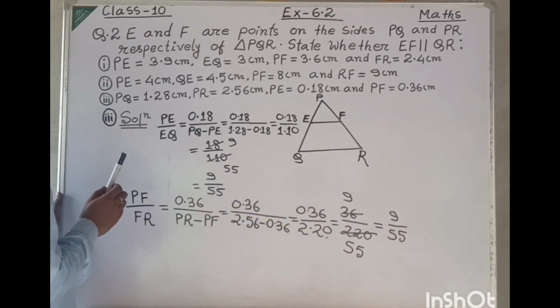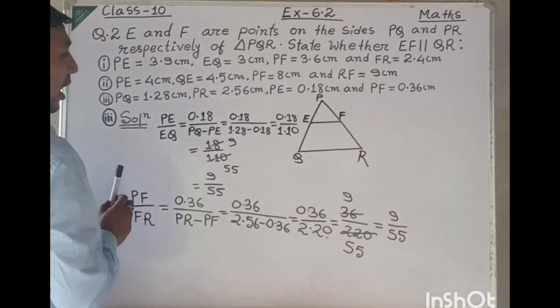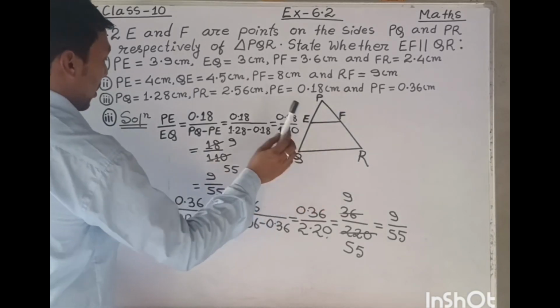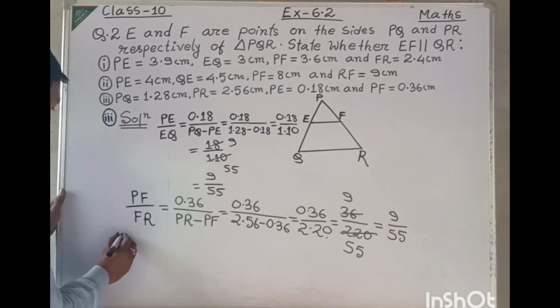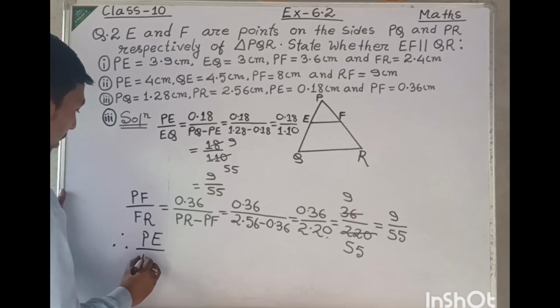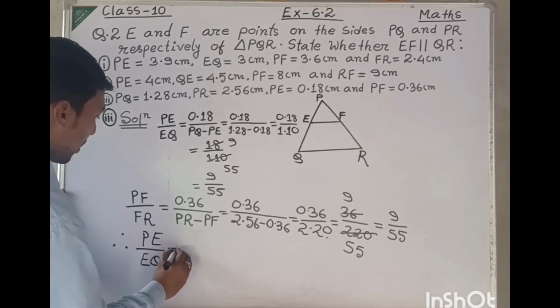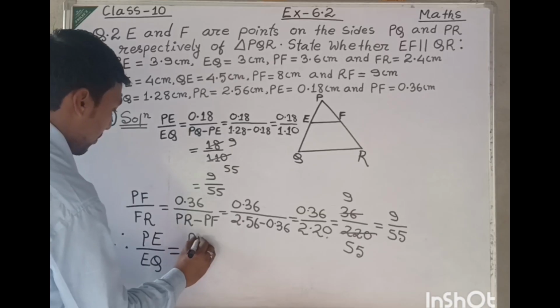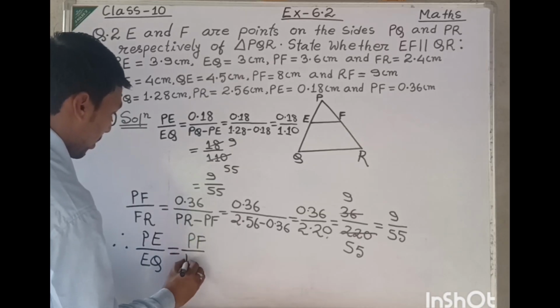These two ratios are equal with each other, means I can write EF parallel with QR. So before writing, just compare these two ratio values, means PE by EQ equals PF by FR.